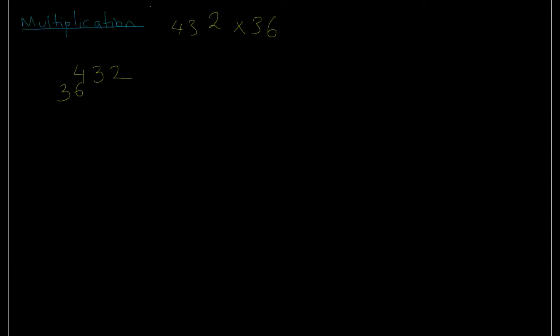So the reason the numbers are placed like this is as follows. This number on the top is in hundreds, and we are multiplying it with a number in tens, right? 36 is a number in tens, and the result is a number in thousands at least.